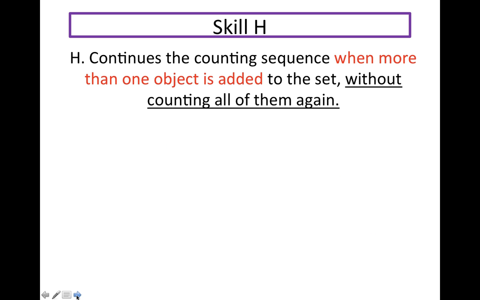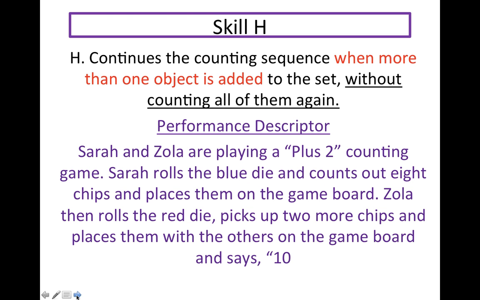And in Skill H, our last skill, students continue the counting sequence when more than one object is added to the set without again counting all of them. And an example of this is Sarah and Zola are playing a +2 counting game.